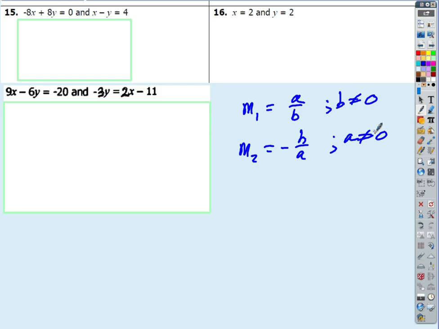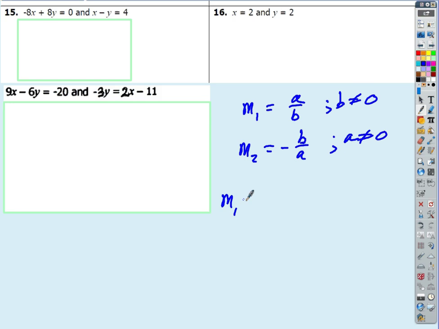What kind of a line would be perpendicular to a horizontal line? If the slope of one line were 0, the other would be vertical, right? So that would create a problem: I'd have an undefined slope for the other line. But let's take examples that aren't that simple, where the line actually has some non-zero slope to it. What if I take the product of those two slopes? Look what happens.